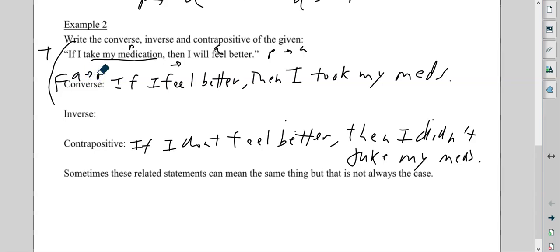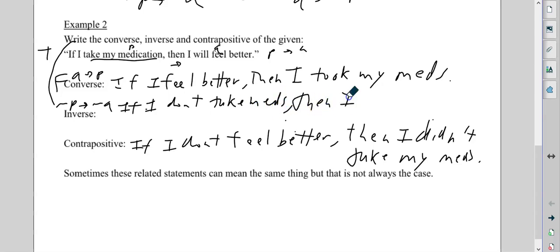Did I do the feel better first? Yes, I did. So this one is not P, then not Q. If I would have double checked and realized I wrote the not Q first, then I would catch myself. So just ways to help prevent mistakes. So if I don't take my meds, then I won't feel better. So here's my two negations.